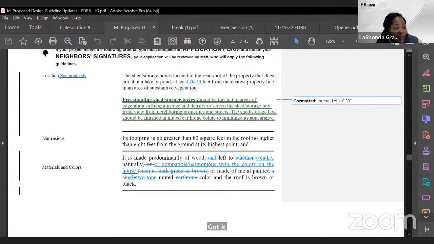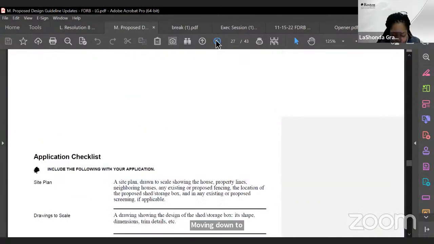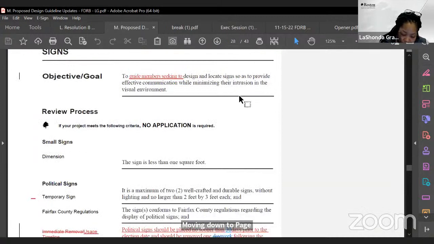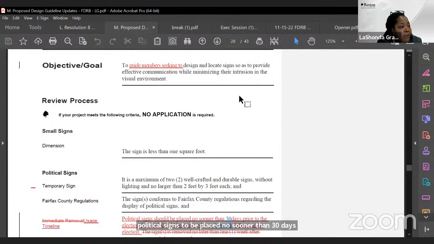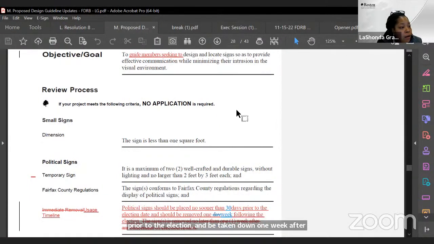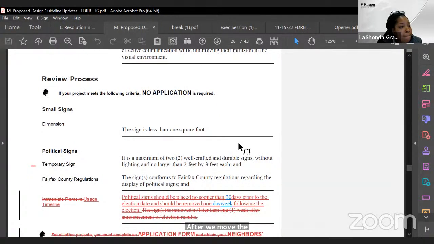Moving down to page 28 for signs. We added a usage timeline section requiring political signs to be placed no sooner than 30 days prior to the election and be taken down 1 week after. We moved the con and panel review underneath the immediate removal and added real estate signs.